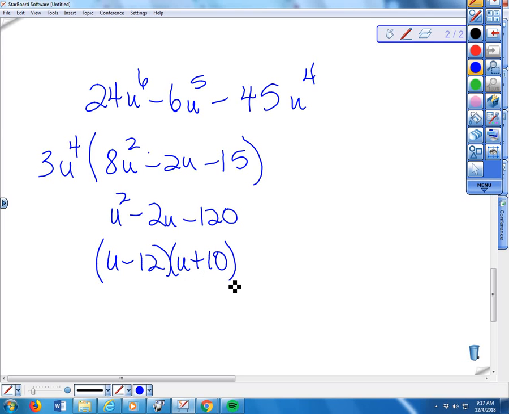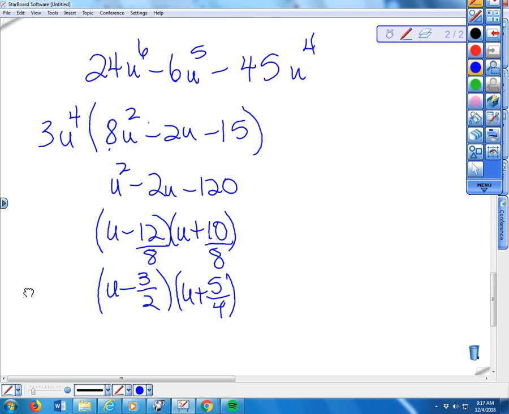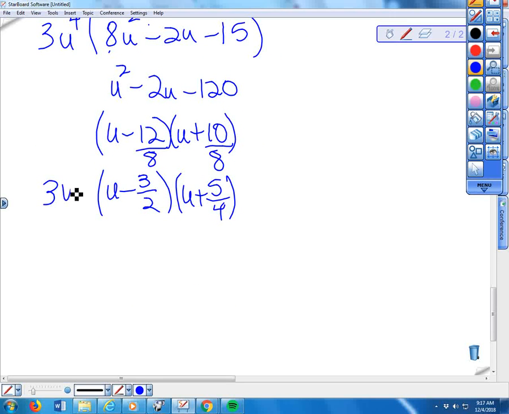But then I've got to remember, divide by 8 and simplify. This is 3 halves. And this is 5 halves. All right? 5 fourths. And I still have the 3u to the fourth. So this becomes 2u minus 3 and 4u plus 5.